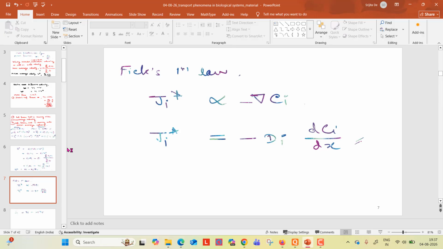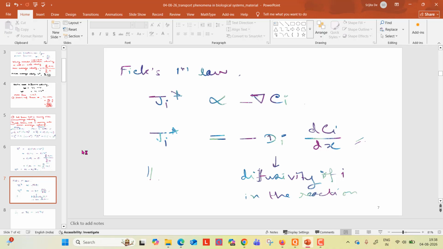So it is the concentration gradient, and Di is your diffusivity of element i in the mixture, and this is your diffusive molar flux, right?